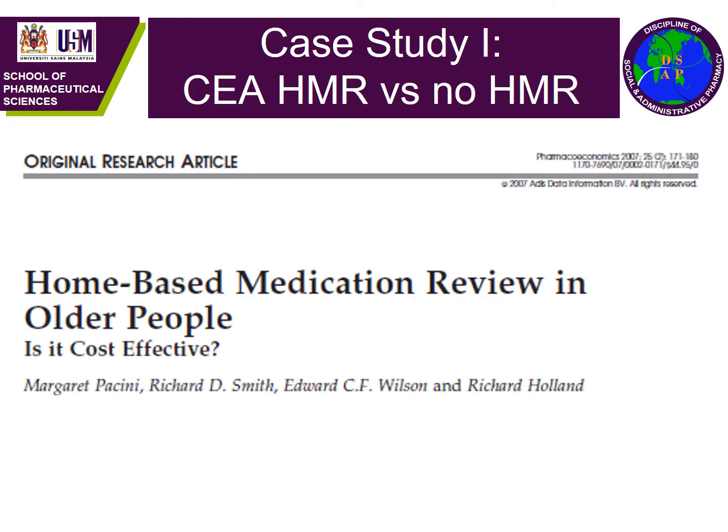Now, these are some examples of studies that utilize cost effectiveness analysis when they try to inform decision makers of the right choice. In this case, the alternative that they are investigating is home-based medication review in older people. Is it a cost-effective option compared to not having home-based medication review?